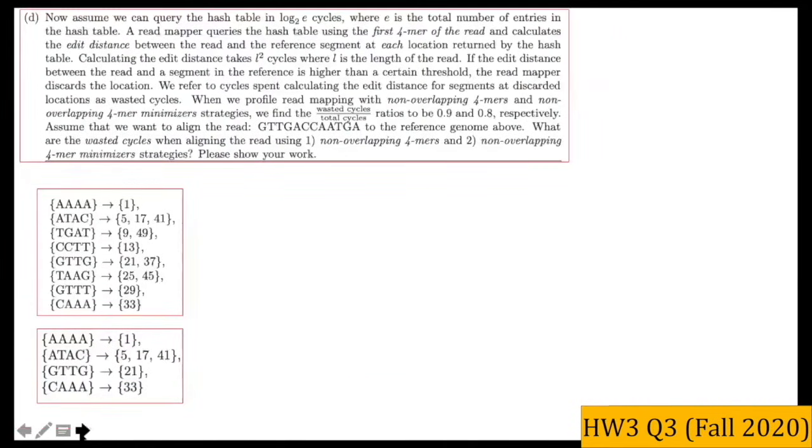Okay, now let's go to the 4th point, and it's the last point in this question. Here, we assume we can query the hash table in this number of cycles, where E is the total number of entries in the hash table. Okay, and now a read mapper queries the hash table using the first k-mer of the read.